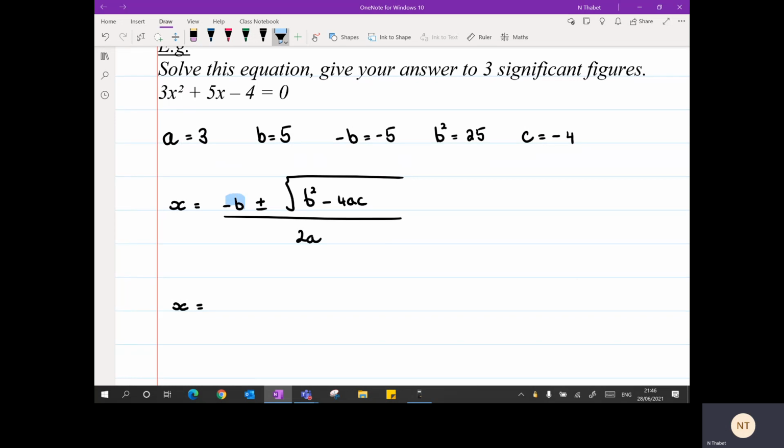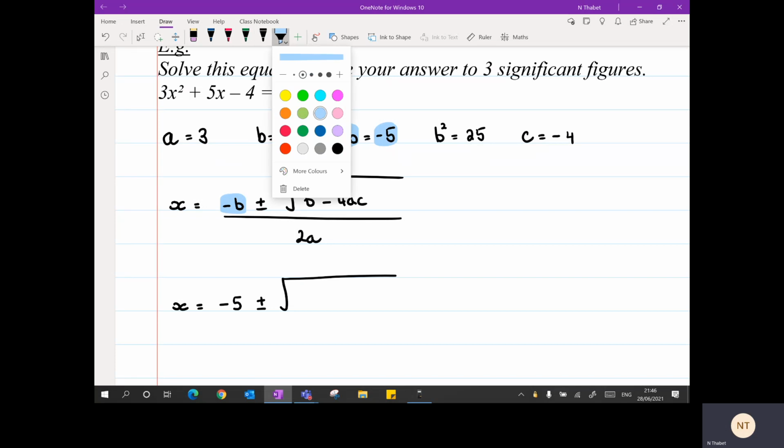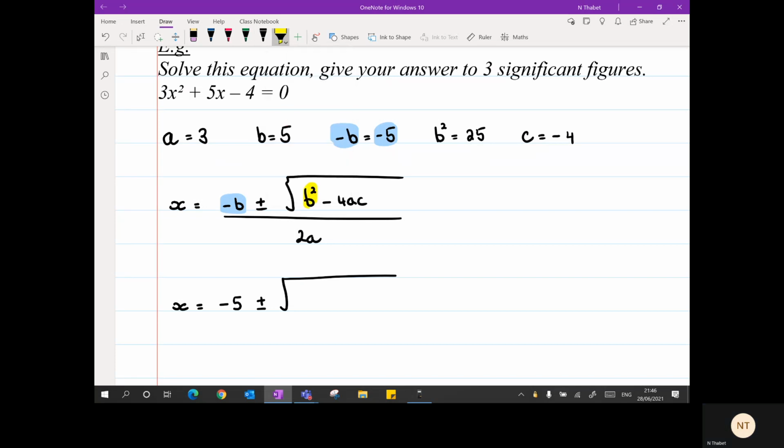So we start with -b. That's why I got you to find what -b is. -b is -5. Plus or minus the square root of b squared, so b squared is 25. Minus, I like to put it in brackets, but the rules of BIDMAS mean that we're going to do the multiplication first anyway, but I just like to put 4 times a times c in brackets.